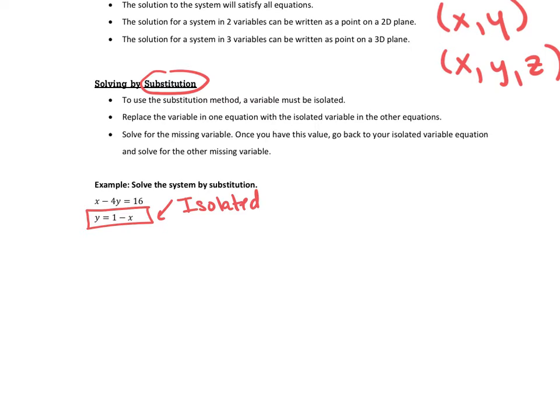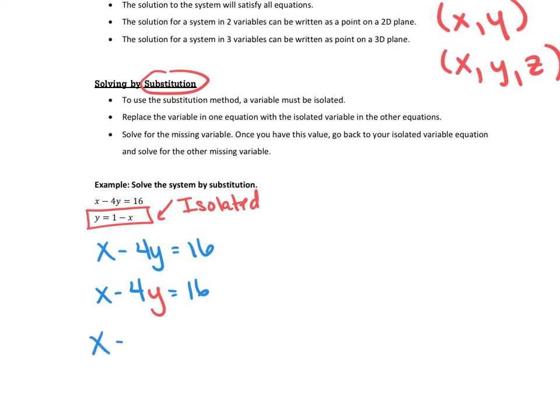And so what this is telling me is that I have x minus 4y is equal to 16. Now I'm telling you that this y value, instead of calling it that right there, I can call it what I have it isolated as, which is 1 minus x.